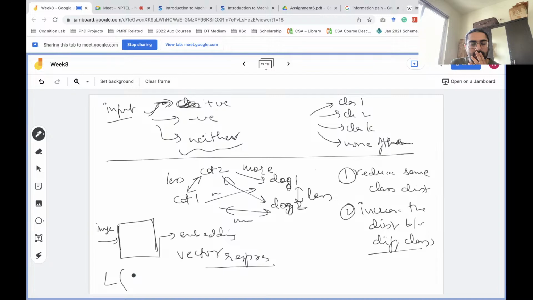And then add the distance between image 2 and image 3, and also I think add the distance between image 1 and image 3. So you're saying that these two are the same class, so make the distance reduce. These two are different classes, so increase their distance, and increase this distance from image 1 also, right?